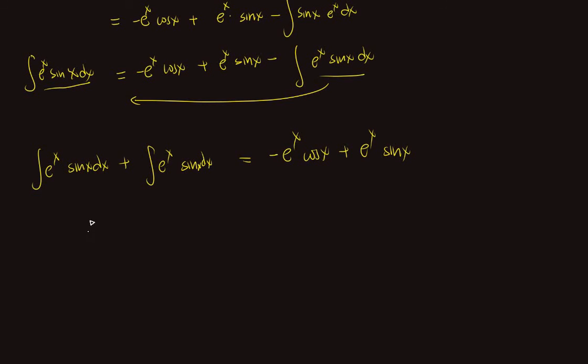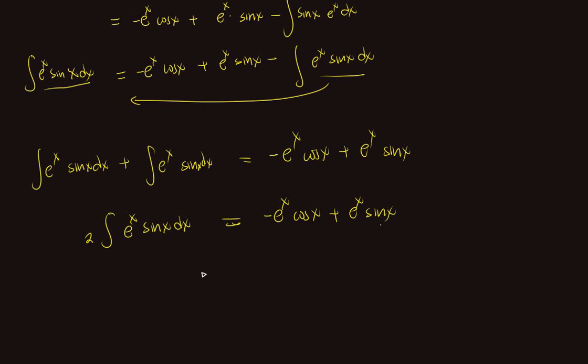When you add those two, the common factor is 2. So 2 times the integral of e to the x sine of x dx is equal to minus e to the x cosine of x plus e to the x sine of x. Then we divide by 2.